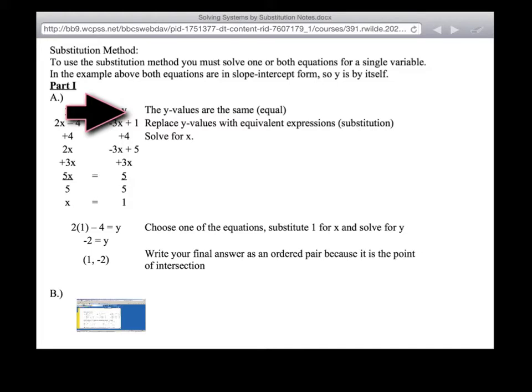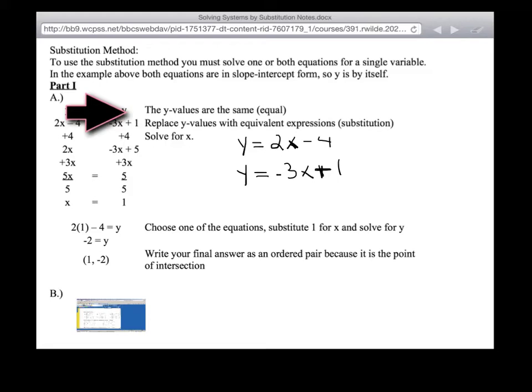Now, the system of equations that we started with was y equals 2x minus 4 and y equals negative 3x plus 1.